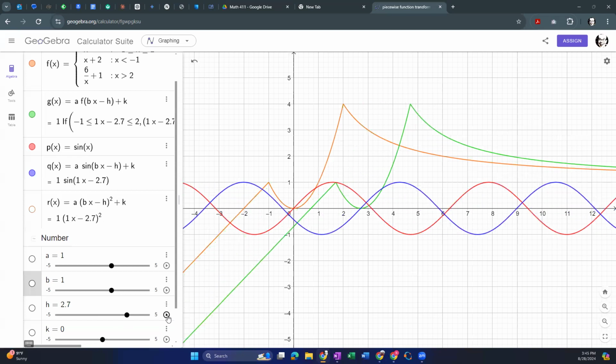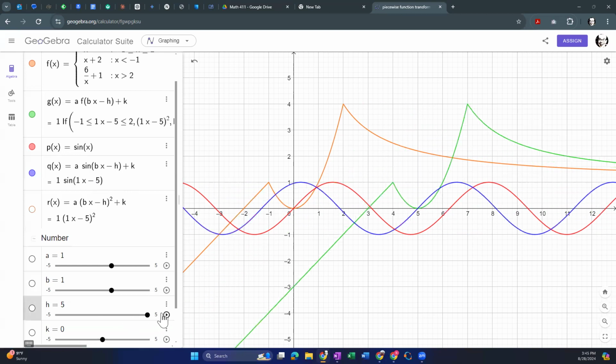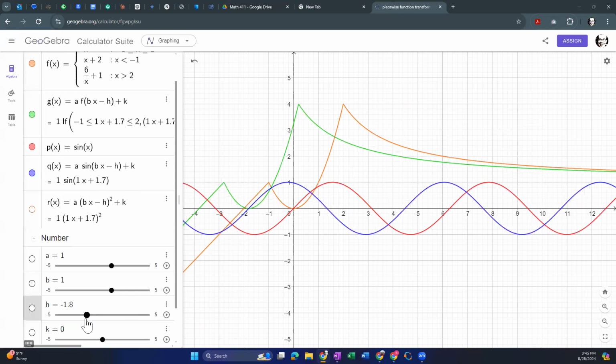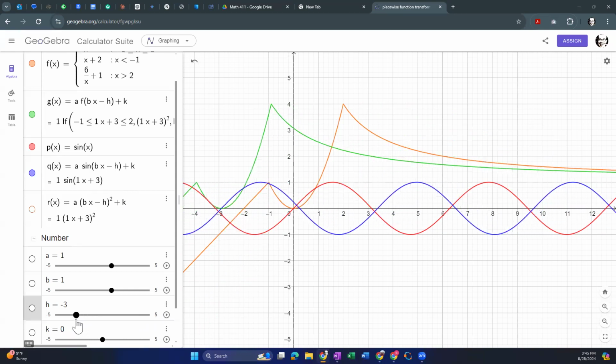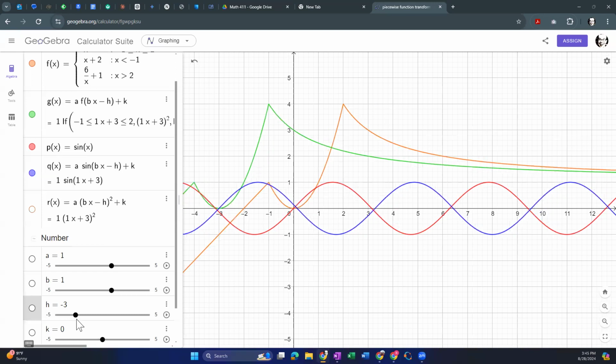Right now h is 2.7, and when we subtract 2.7 off, it's like 2.7 is the new zero. So 2.7 out here is acting like the origin used to. So subtracting 5 off puts you all the way out here. Adding 5 on, I know that that's now subtracting a negative, but yeah, adding makes you go the other way.